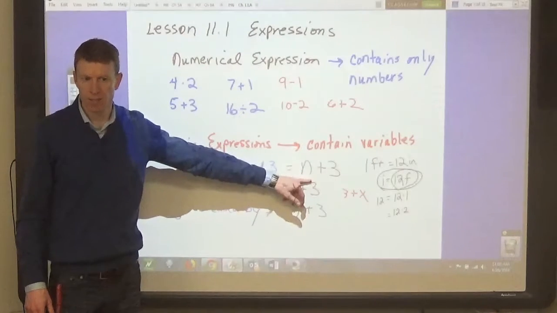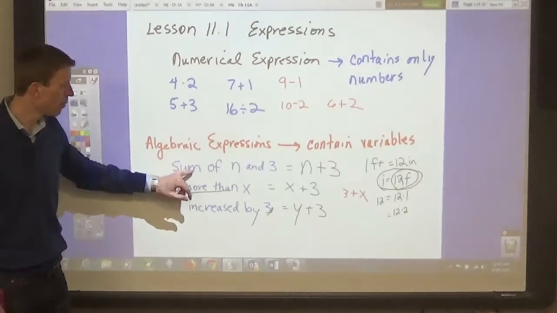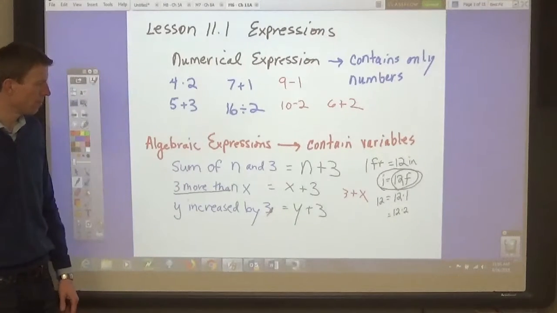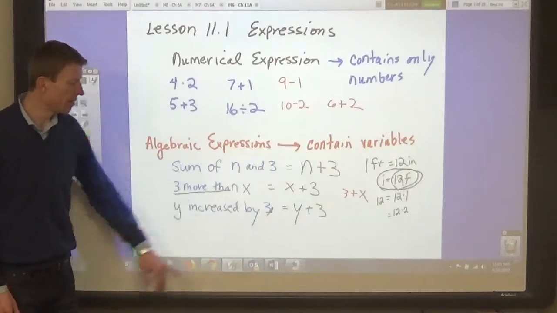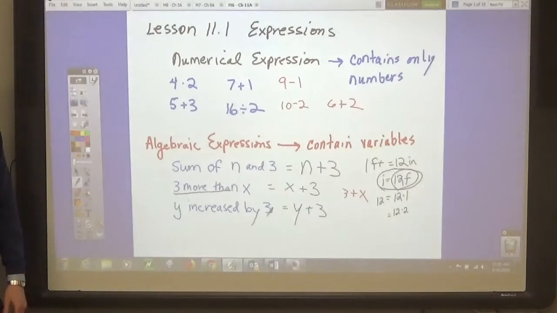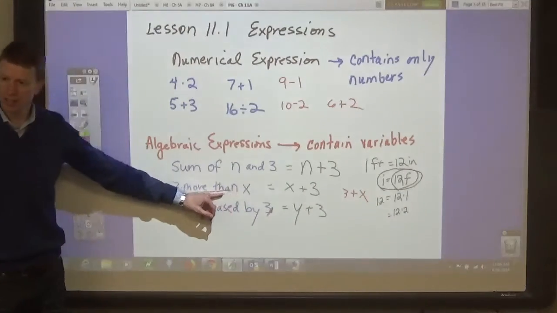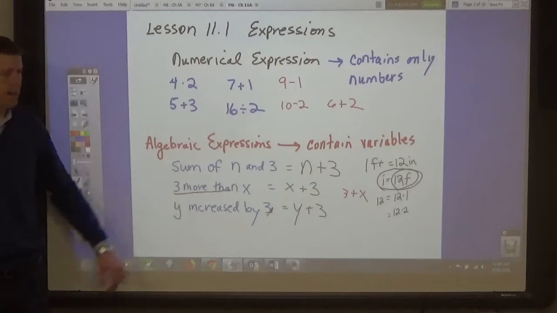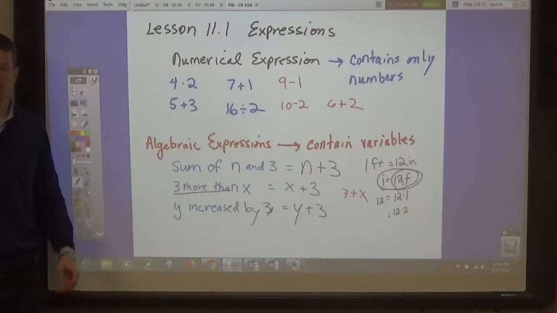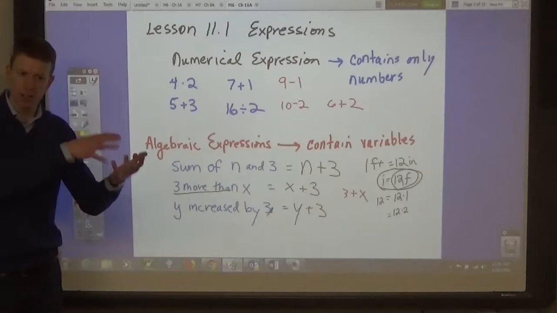Does that make sense? You understand what we're talking about? So these are all examples of algebraic expressions. Look at this one. 3 more than x. Anytime you see the words more than or less than, you have to think about what amount am I starting with, and then what am I doing to that amount?